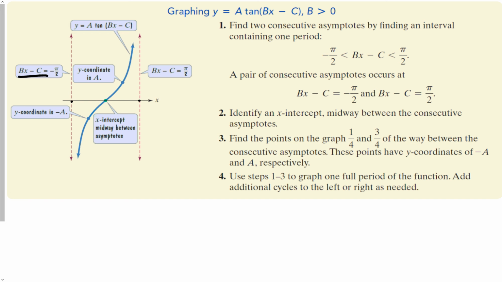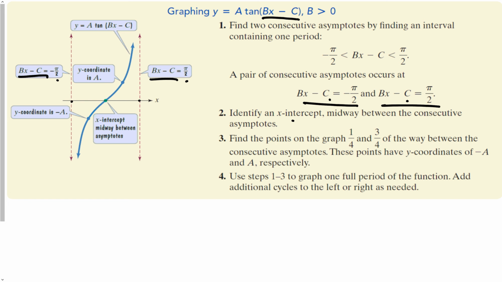So whatever's inside the function has to be equal to negative pi over 2, and whatever's inside the function has to be equal to pi over 2, because then when you take the tangent of it, it would be undefined. So to find the two consecutive asymptotes, whatever is inside the tangent function, no matter what it says, we set it equal to negative pi over 2 and positive pi over 2, and we get our two asymptotes. Then the x-intercept is halfway between those two vertical asymptotes.